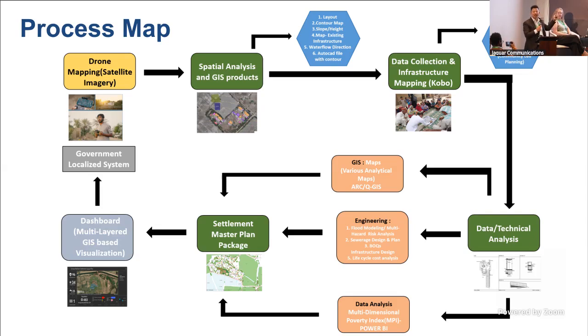And visualizing everything in a dashboard using ArcGIS, because we have seen amazing plans ourselves, but nobody reads those plans. So everything was visualized so that all decision makers could look at it in dashboards. And finally, development of the government system.